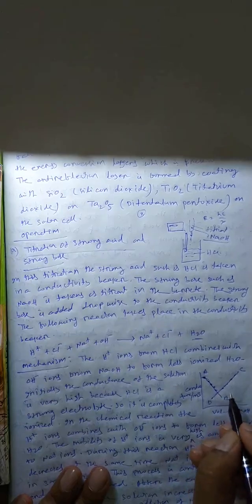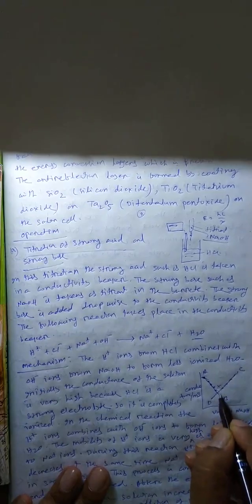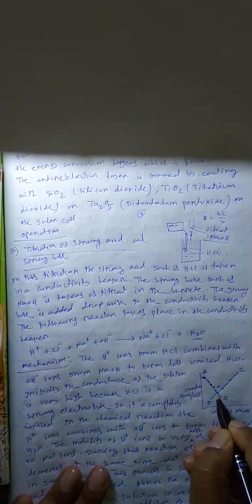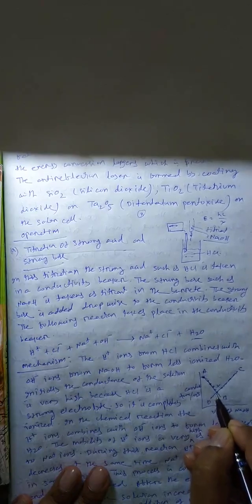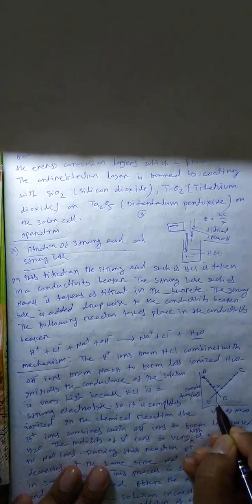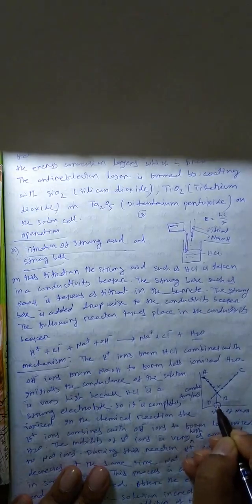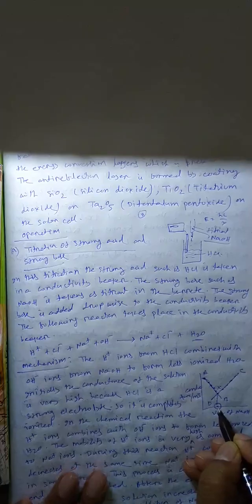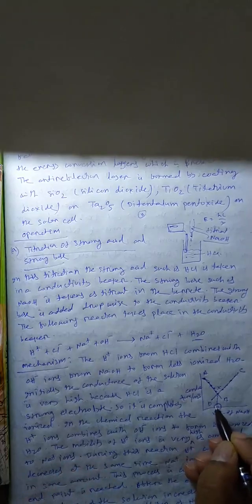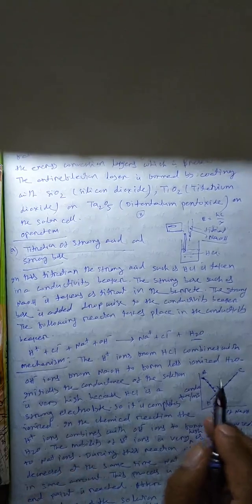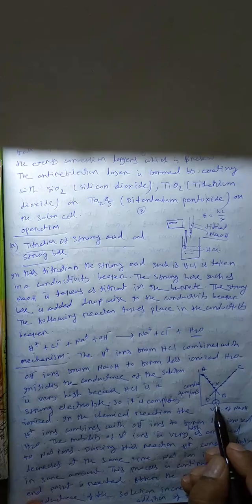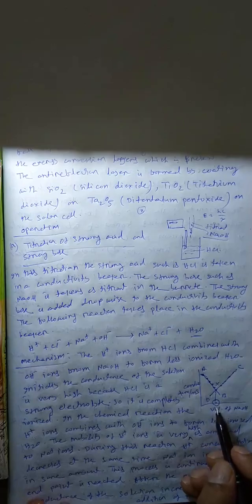Suppose this intersection point I put here as X, this point is called the end point. The volume of sodium hydroxide consumed for the HCl present in the beaker is read, and from that amount you find the concentration.